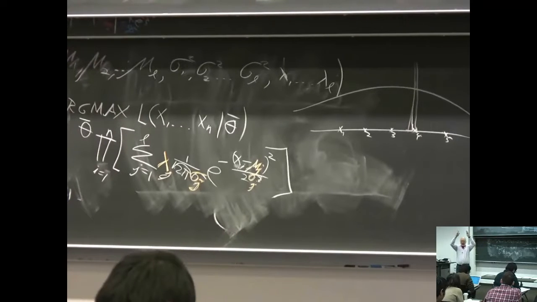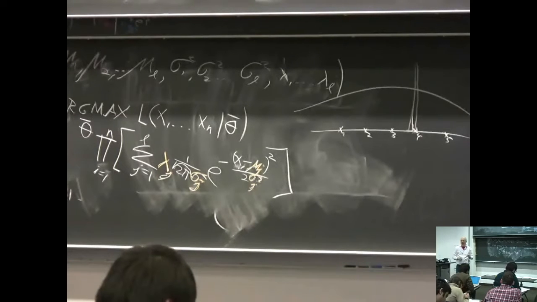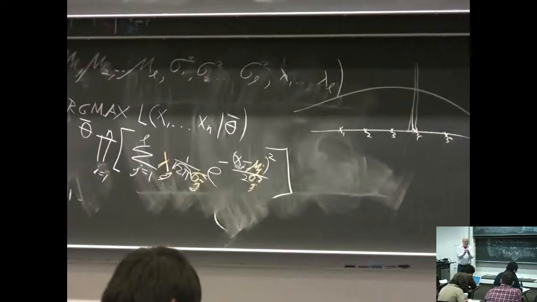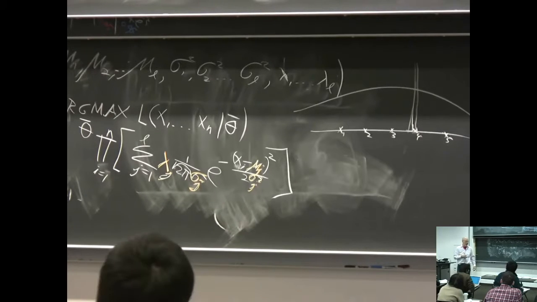So a singularity region where the likelihood function is unbounded. So the likelihood space is very complicated, and it could easily go to infinity unless you restrict the sigmas. If you say sigma cannot be any less than some amount, then the likelihood space is bounded, but there still could be multiple maxima.